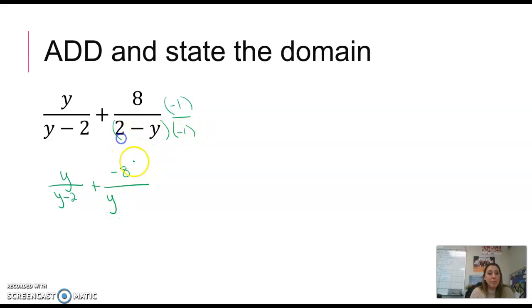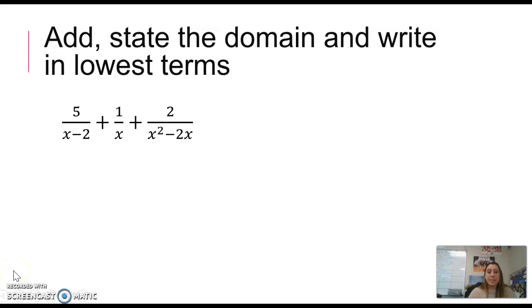Negative 1 times a positive 2 is a negative 2. So make sure when we're looking at this, our variables in our denominator are positive and they're written in standard form, so that you have the variable with the highest degree, or the highest exponent, written out first.